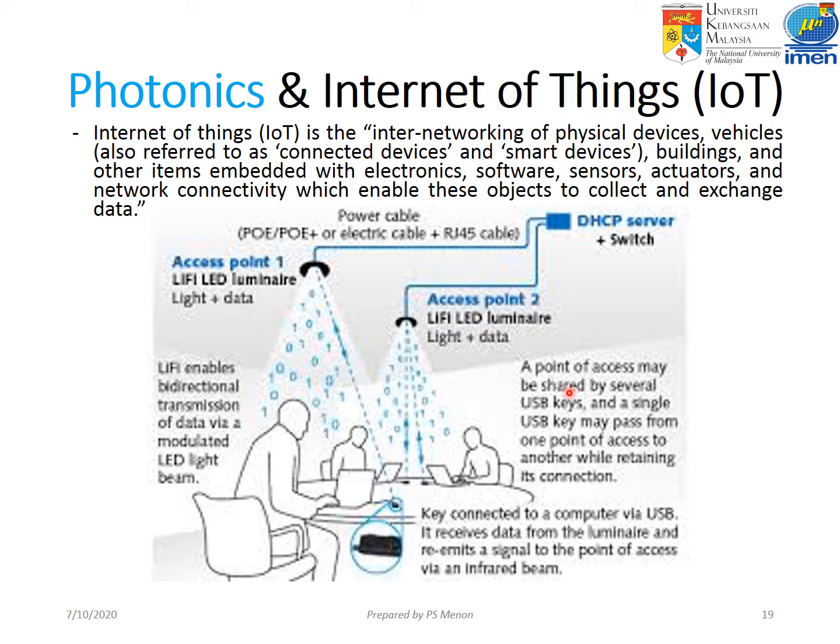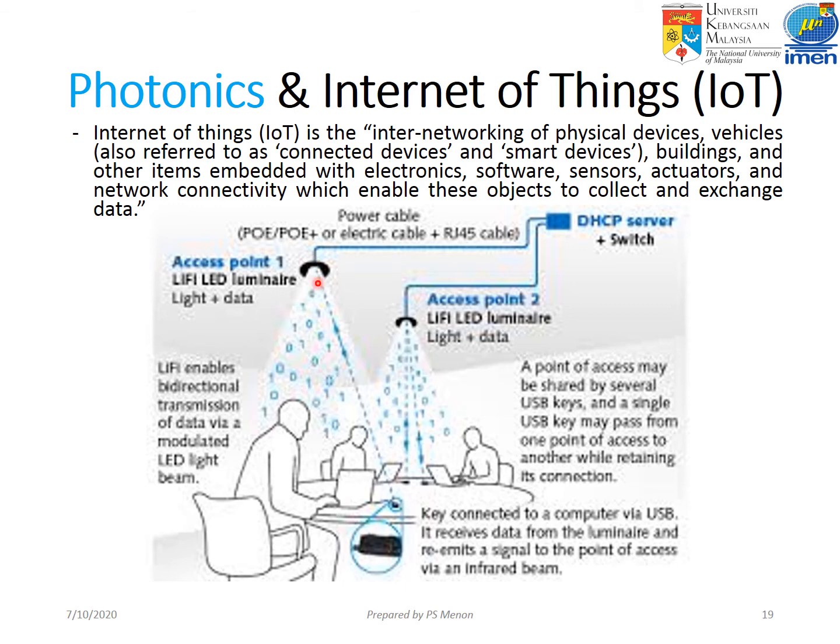So a point of access, so this is point access 1, this is point access 2, may be shared by several USB keys, and a single USB key may pass from one point of access to another while retaining its connection. So you have a USB key here, it's connected to a computer via USB, and it receives data from the luminaire and re-emits a signal to the point of access via an infrared beam.